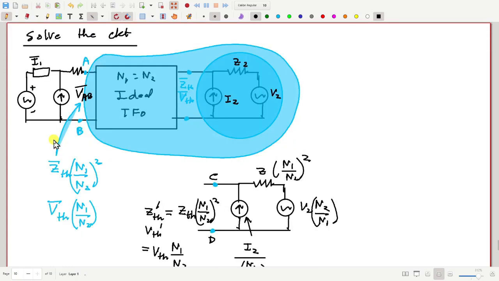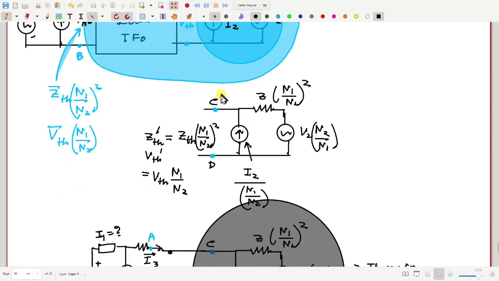You can take the left side circuit and multiply all left side impedances by 1 over A square, all left side voltages by 1 over A, and divide all left side currents by A, and connect it to the right side circuit, and you can solve it and get the solution for that circuit.